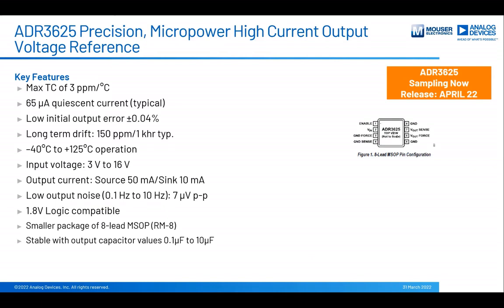If you look here, the quiescent current is only 65 microamps. But not just that, its DC specification and drift numbers are really impressive for such a low power device. Another key advantage to this low power reference is that it can be used as a direct replacement for standard LDOs where space saving is required.